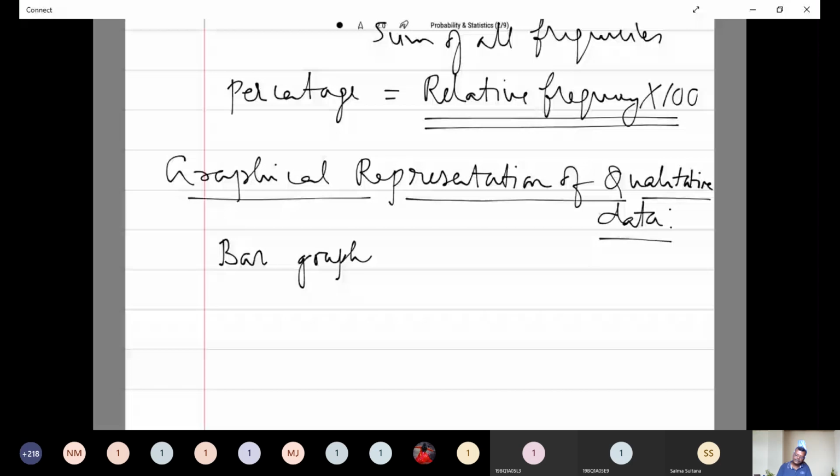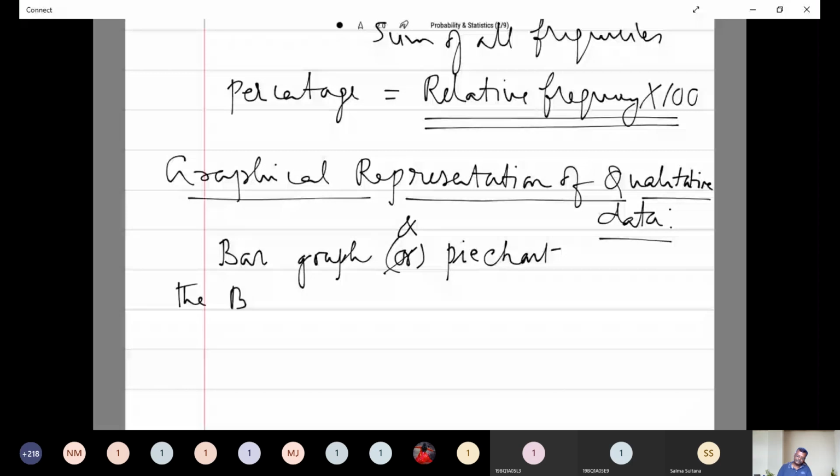The bar graph and pie chart are the two types of graphs used to represent or display qualitative data.